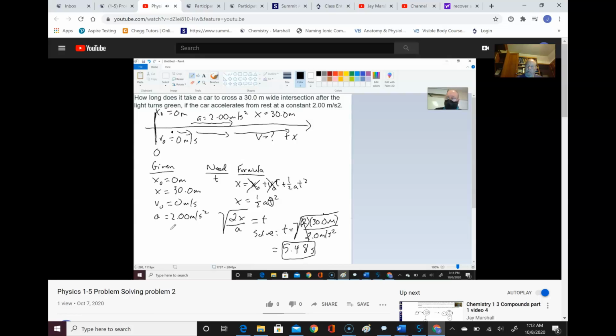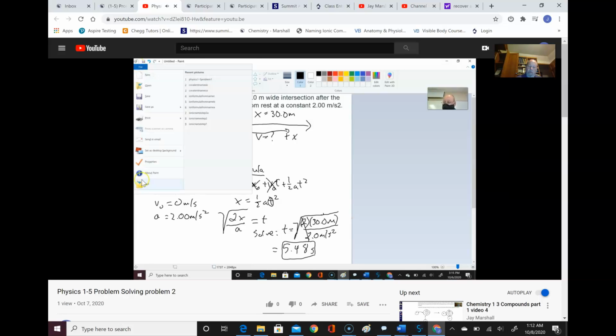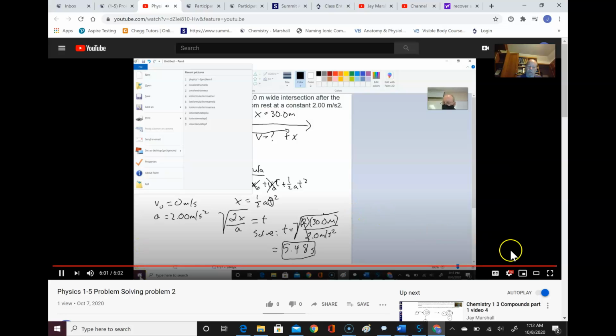If I got an acceleration or a constant velocity, I've got an acceleration, I can't use that first formula either. And do I have a final velocity? No, I don't have a final velocity. This is the formula I have to use. And I just plugged the values in and solved it. Okay, there was no thinking required. So let's move on.